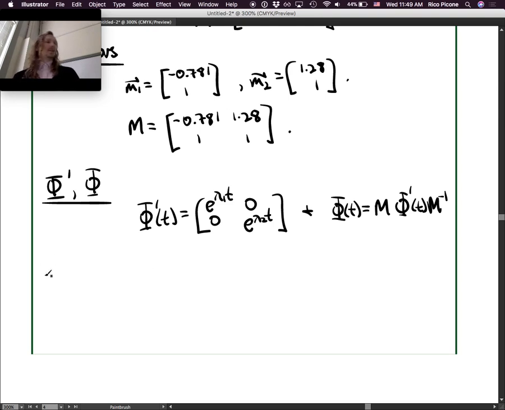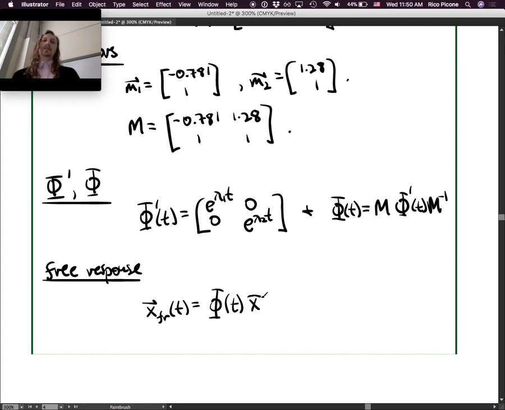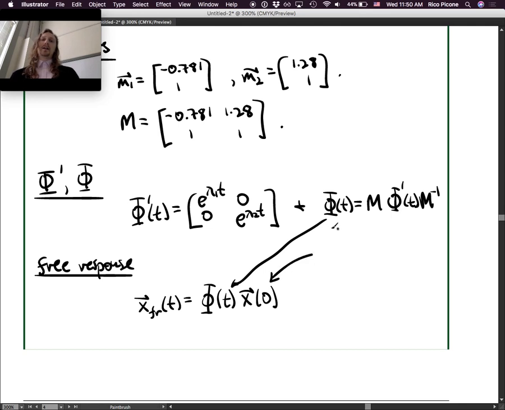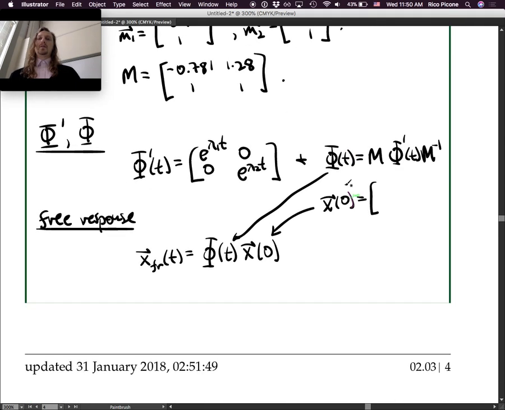You just have to invert M, which is pretty easy shorthand for a 2x2. So then our final solution, though, we don't want to go without doing our final solution. So free response, then we can use the nice formula x free of t equals the state transition matrix, which we just found, times the initial conditions, and this result plugs in there, and our initial condition was 2, -1, right?